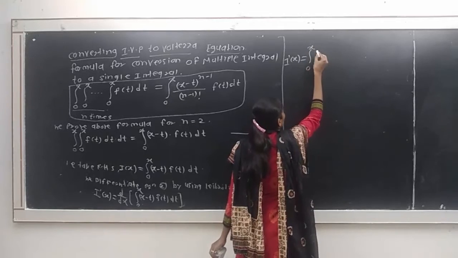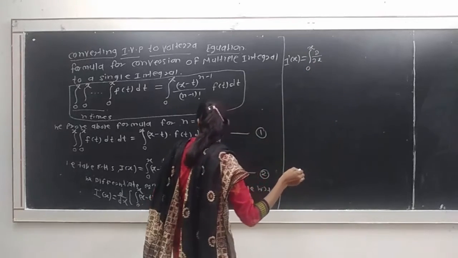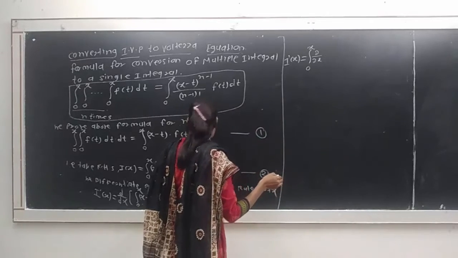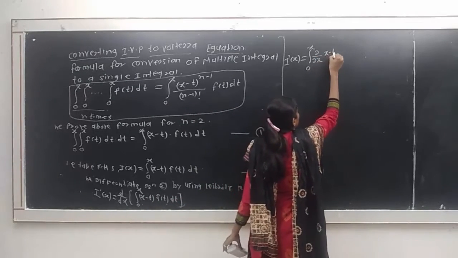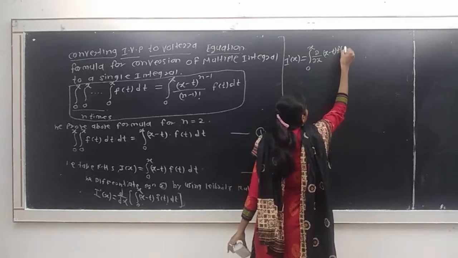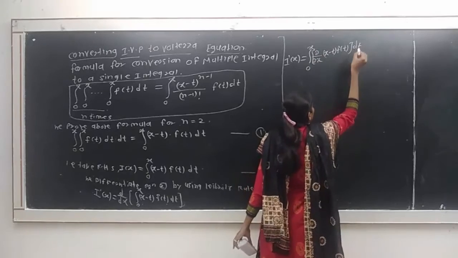the integration from 0 to x. Then we have to partially differentiate this function (x minus t) f of t, that is, partial derivative with respect to x of (x minus t) into f of t, into dt.